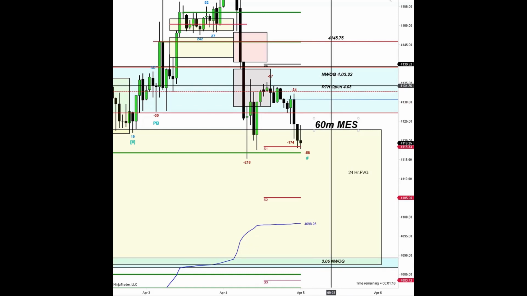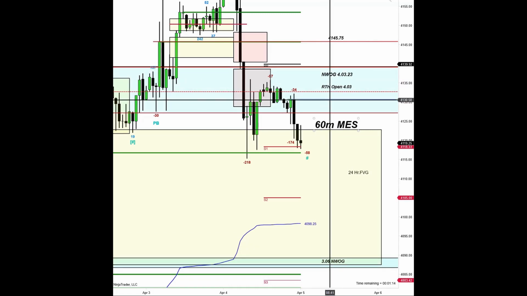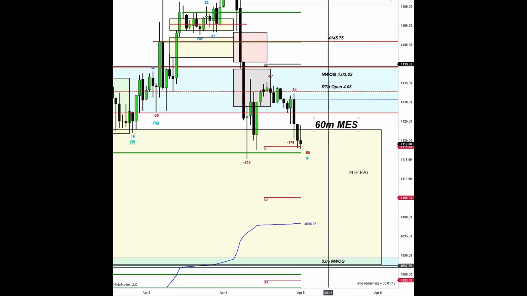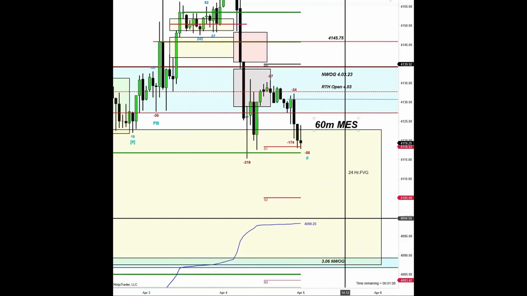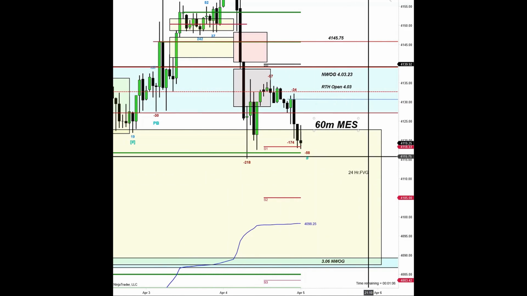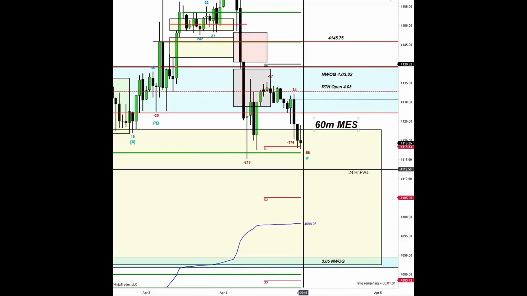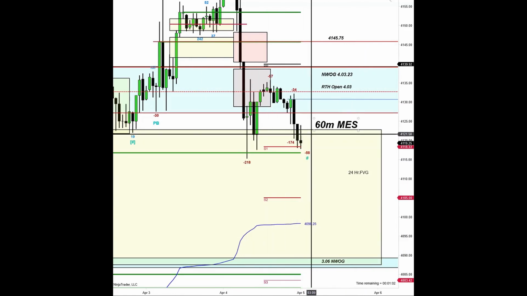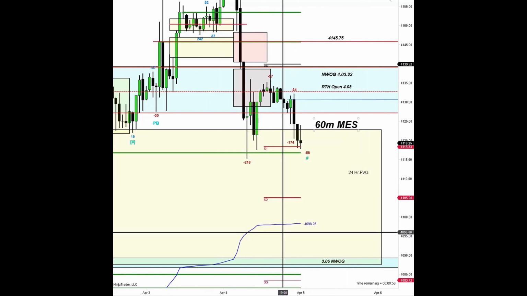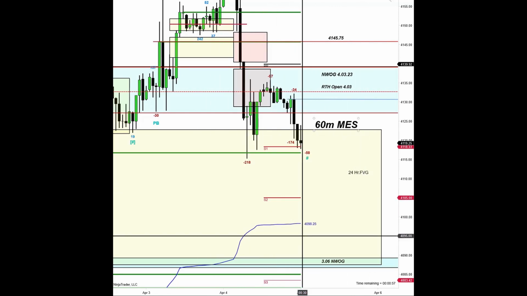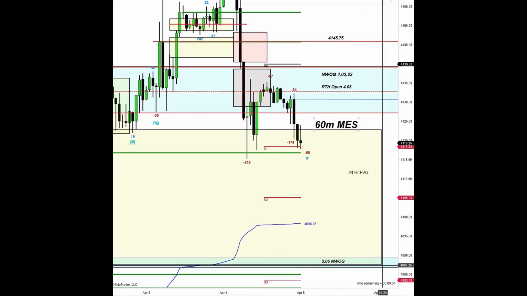Price goes down and hits some point in this new week open gap. This is the yellow rectangle, which happens to be the March 31st 24-hour fair value gap. So that kind of frames my trade idea for the rest of the week on the 60-minute.